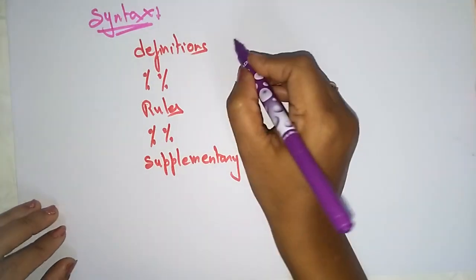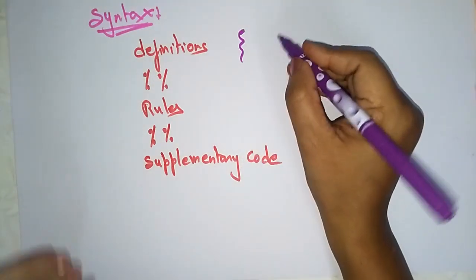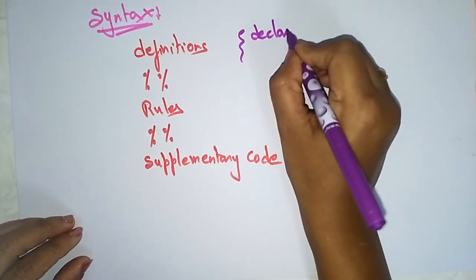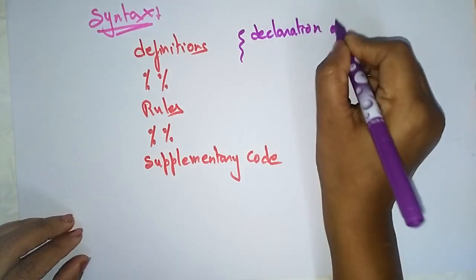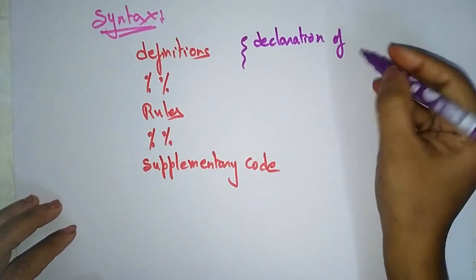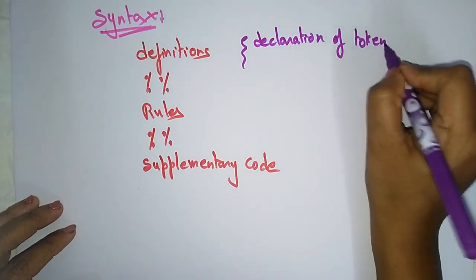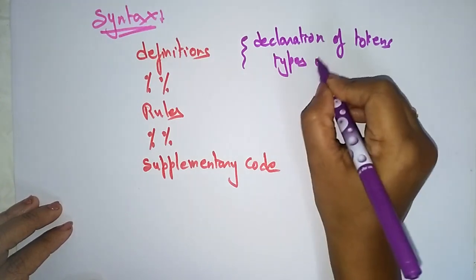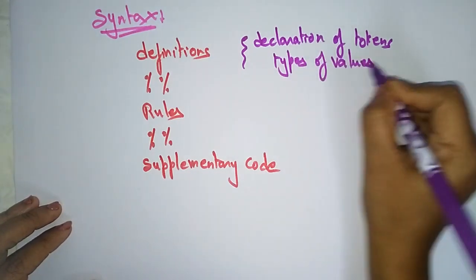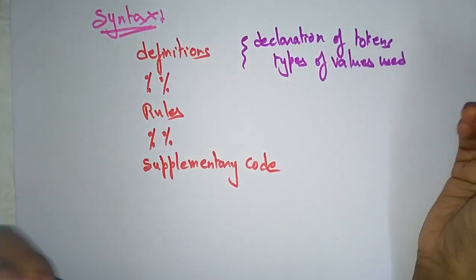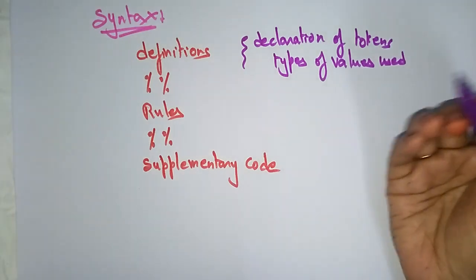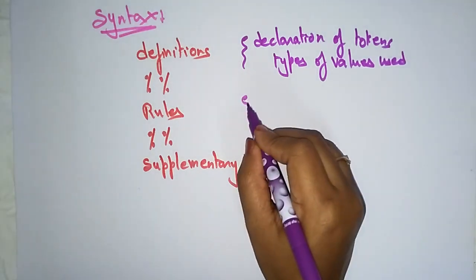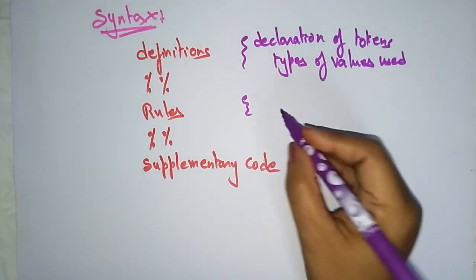Here the definition is nothing but the declaration of tokens and the types of values used on the parser stack. Coming to the rules, it is nothing but the list of grammar rules.